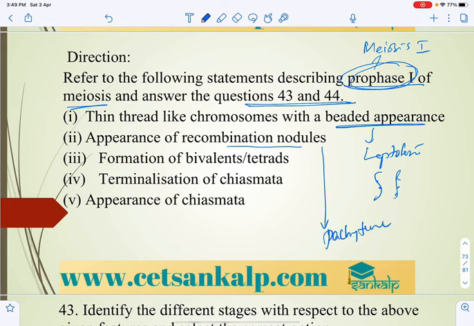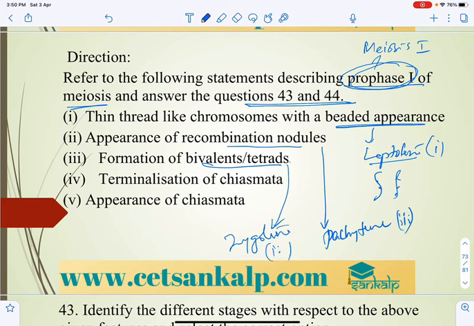So leptotene we can say 1, pachytene we can say 2. Formation of bivalents or tetrads takes place in zygotene, the second phase in sequence, and this is third.